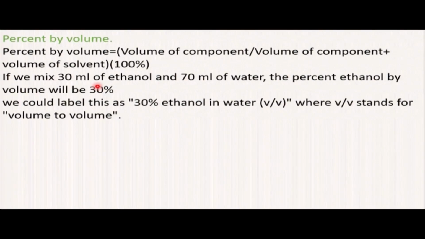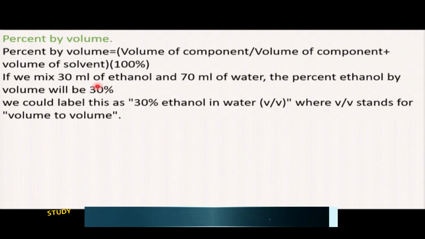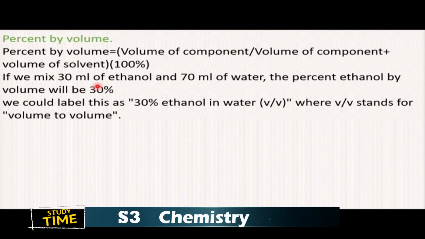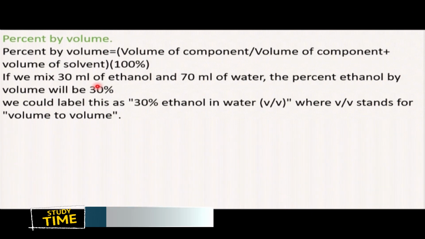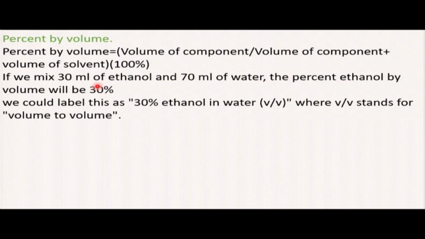So what will be the percentage of ethanol? That ethanol is labeled as 30%. Now that means it is almost the same, but we have only changed the volumes. We had masses, so this one is changing into the volumes. So the percentage by volume, they can call it volume percentage.